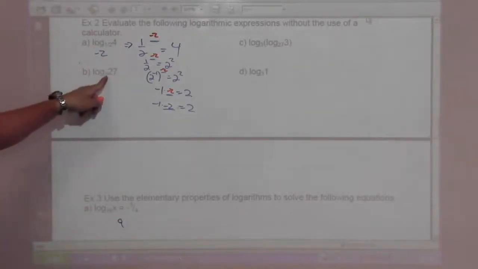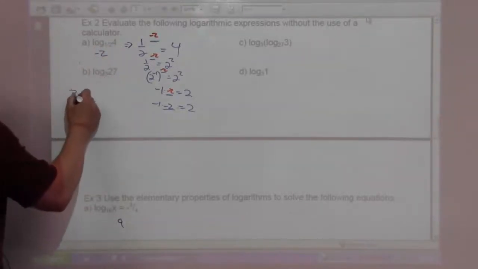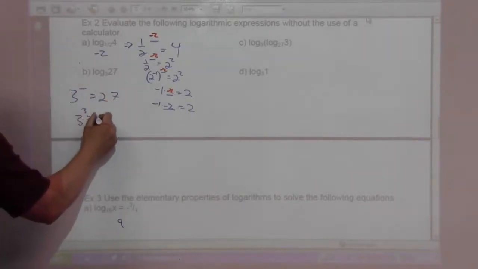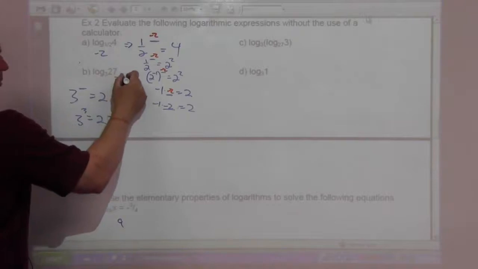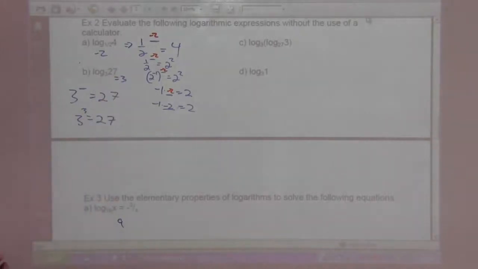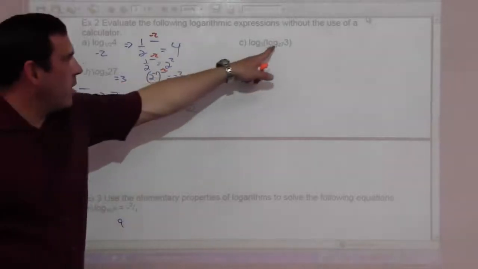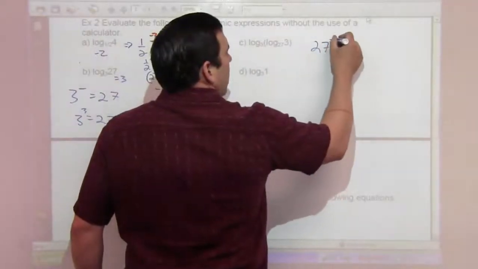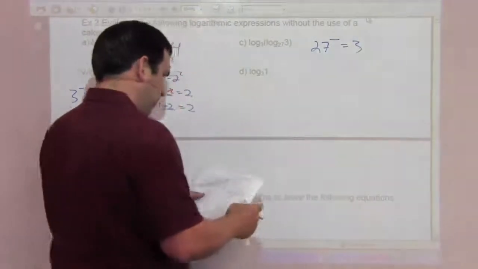How about B? Log base 3 of 27. 3 to what power makes 27? Well, 3 to the 3 makes 27. Now we have log base 27 of 3. Okay, so 27 to what power makes 3?